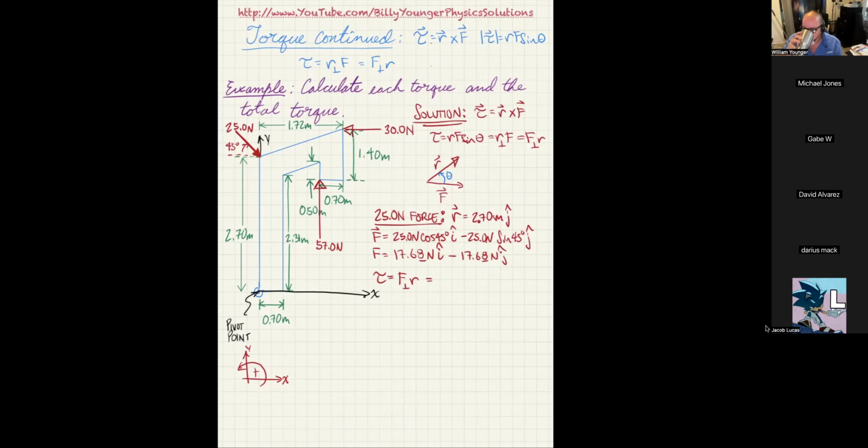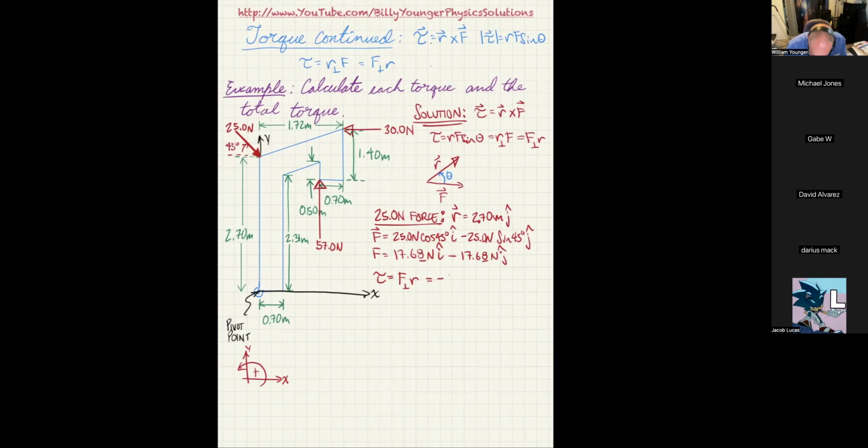Anybody? Yes, that is a clockwise one. Very good. So that means it's going to be negative. So I'm going to put the negative in front of it.